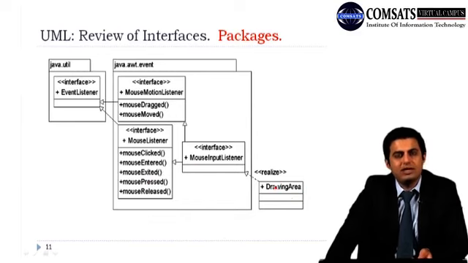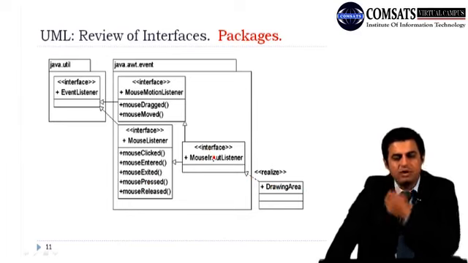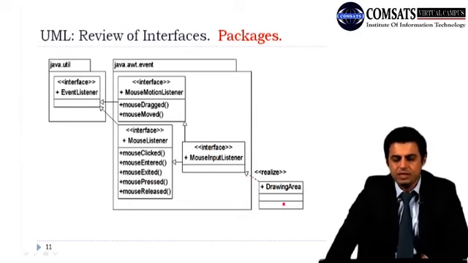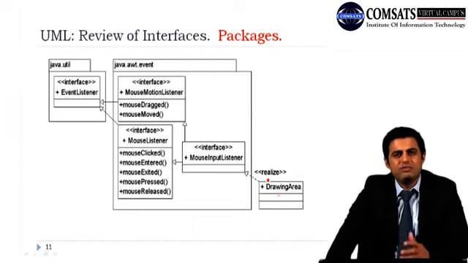And there is one class which is actually realizing this particular interface, mouse input listener. Now what is this class doing here? It is a drawing area. So if you are going to develop a system in which you can draw some diagrams or pictures, then you can use mouse motion with it.